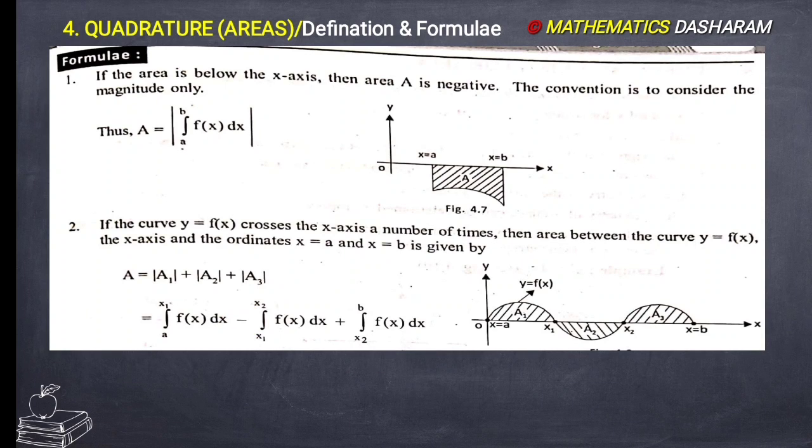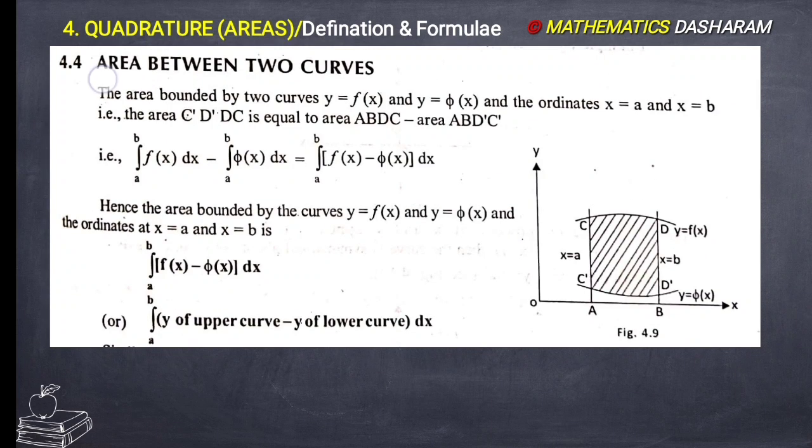Here the ordinates are x1 and x2, so minus integration from x1 to x2 of f of x dx. Next, the third area was formed above the x-axis, so it is a positive area. Here the ordinates are x2 and b, so integration from x2 to b of f of x dx. Like this we have to find the area of the given curve y equals f of x.